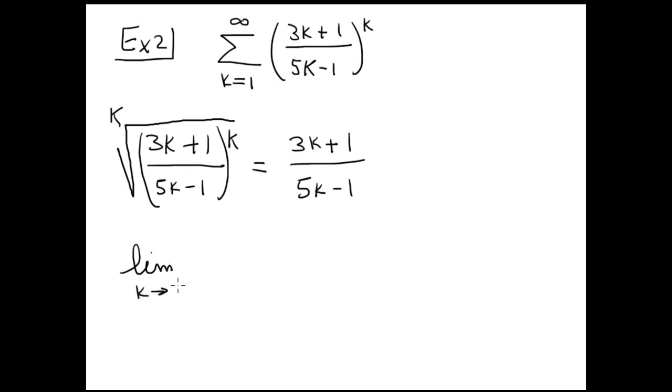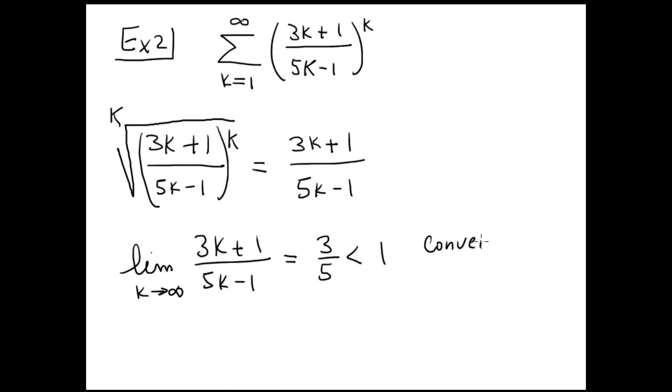When k approaches infinity of 3k plus 1 over 5k minus 1, it's obvious, using the dominant terms, 3 over 5. And 3 over 5 is less than 1, therefore it is convergent by the root test.